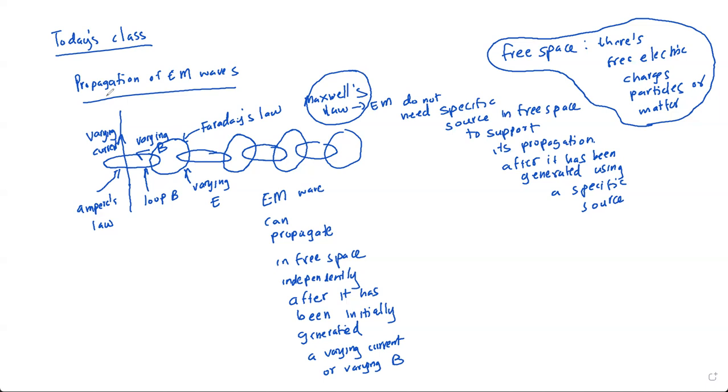So in this class, we have to learn about the wave equation derivation from Maxwell's laws. We need to show that Maxwell has proved mathematically that a wave can propagate without a certain electric source, electric charge, or moving current in free space.